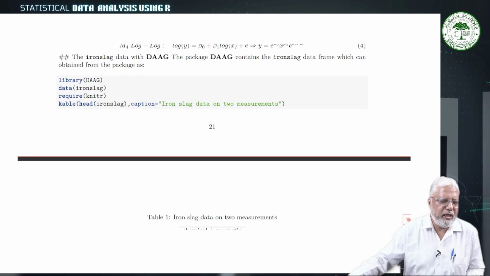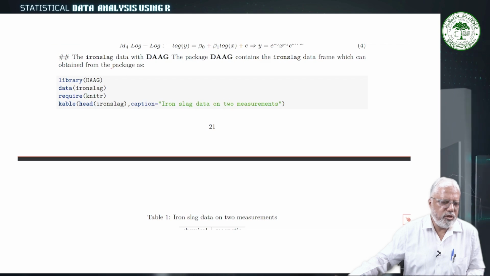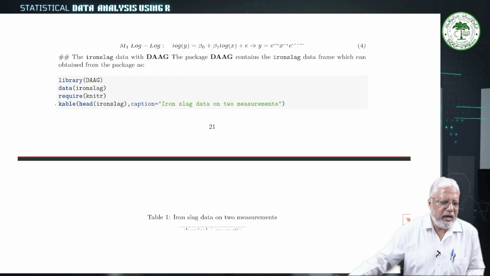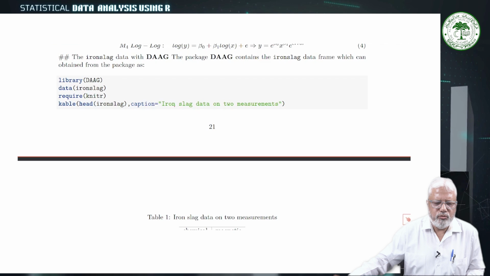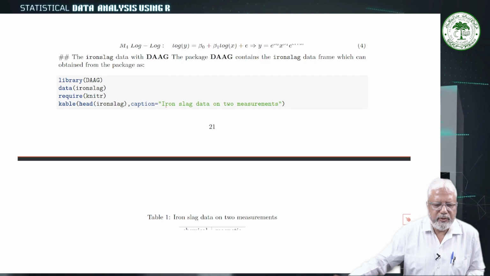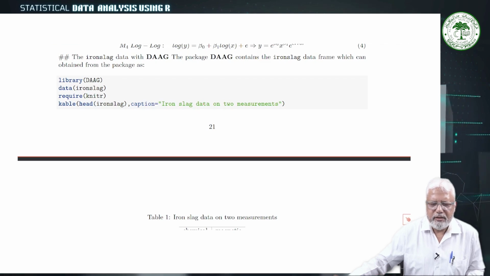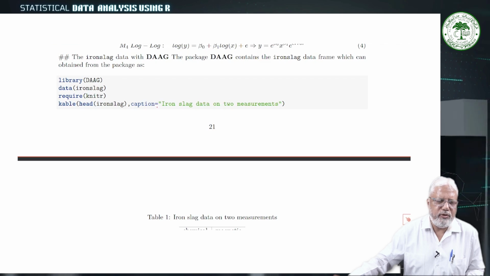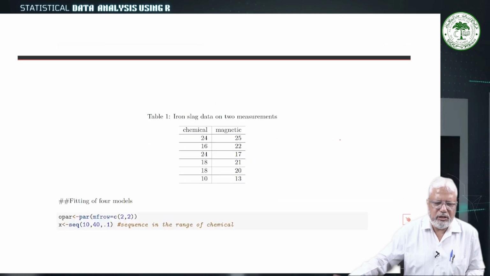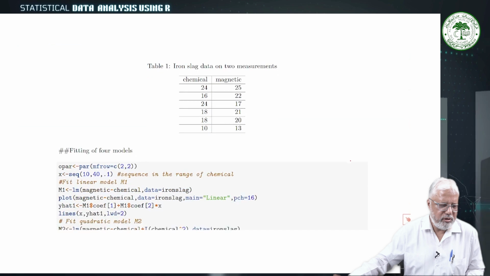First we have to install the library, then we have to load the library, and then data ironslag, we have to load the data ironslag, we have to give this command, then require knitr, kable, head part of the ironslag, caption is equal to ironslag data on two measurements. We need these things when we need documentation. So it brings this kind of table.